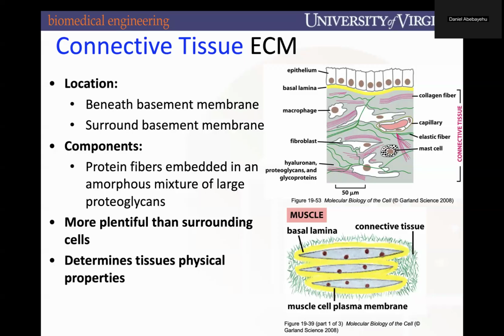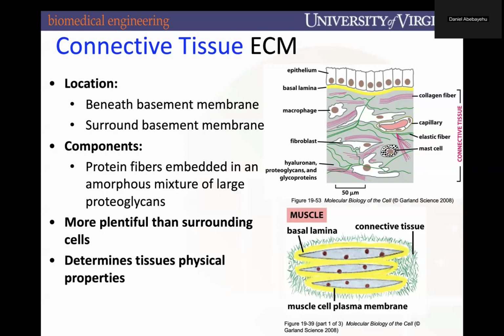The connective tissue ECM is going to be comprised of many protein fibers that are embedded in this mixture of proteoglycans. So you can think of it almost as this gel-like structure with fibrous proteins woven all throughout it. A key distinction between the basal lamina and the connective tissue ECM is that for the basement membrane, you have a small amount of protein structure that sits underneath many cells.